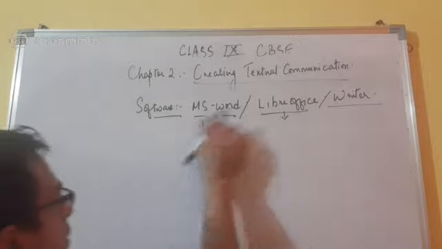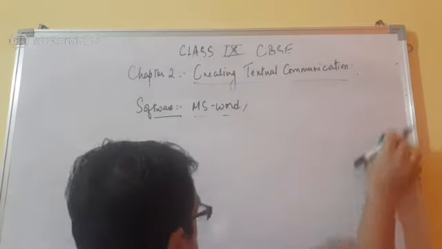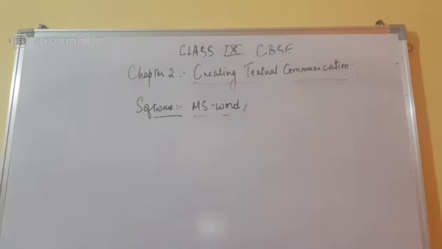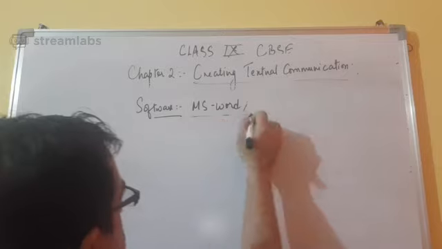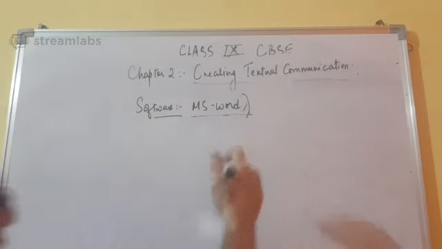Suppose the things which you are writing on a simple piece of paper, if you want to make it attractive, there are certain tools, which are also part of ICT, that you make use of.